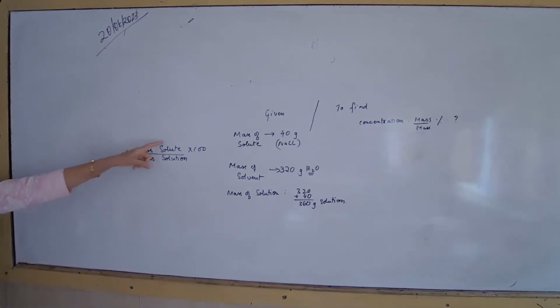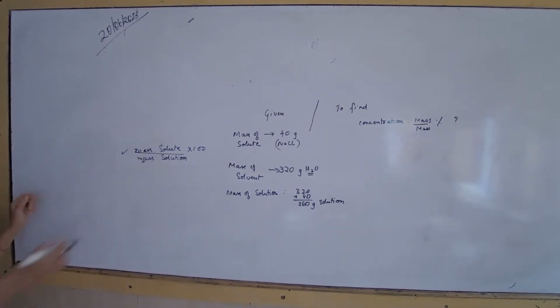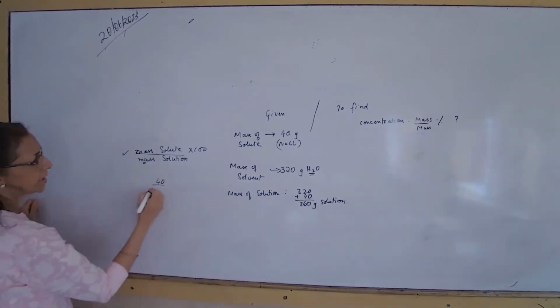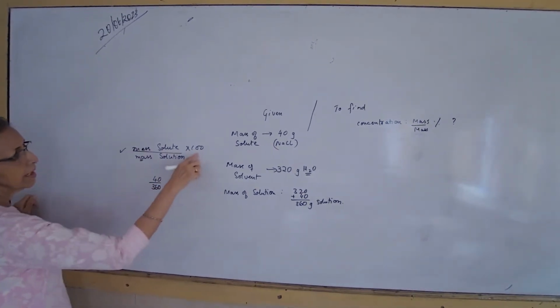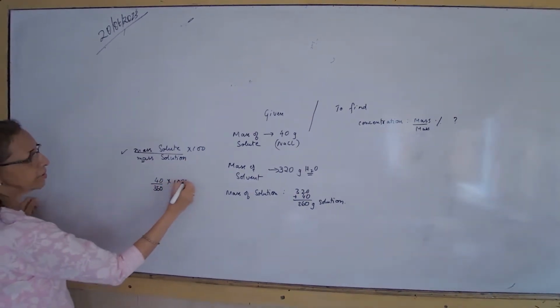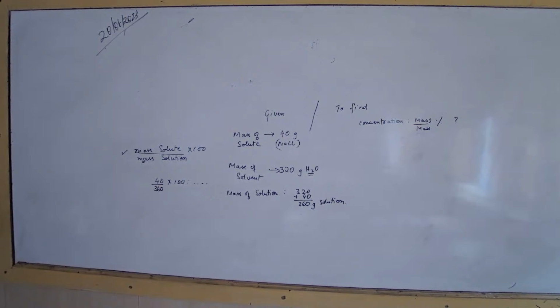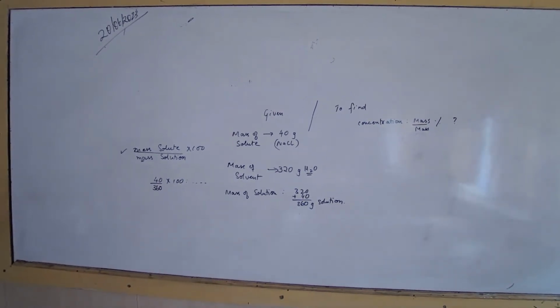So what is the mass of solute here? 40 grams. What is the mass of the solution? 360 grams. Times 100. So if you work out, you will get your answer. Answer will be what? Is it grams? Is it ml? I'm not talking about density right now.